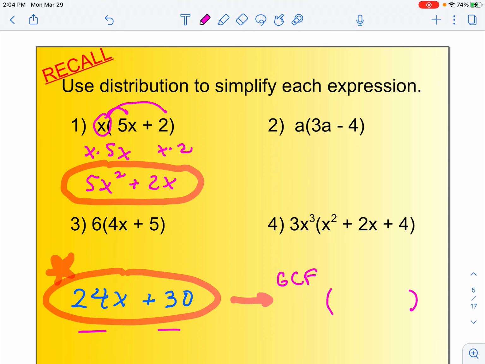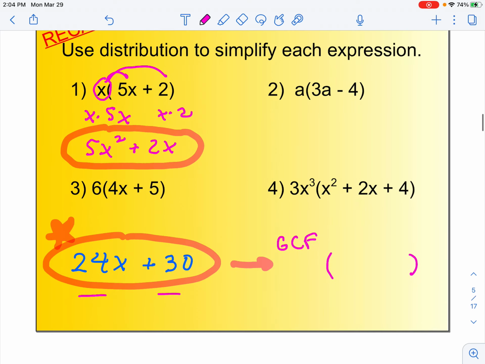So what we would be looking for is a common number that goes into both 24 and 30. Well, 2 goes into each, okay, because 2 times 12 is 24 and 2 times 15 is 30. But we're looking for the greatest one that's in common. Well, what about 6? 6 goes into 24 and 6 times 5 is 30. So our greatest common factor here is 6.